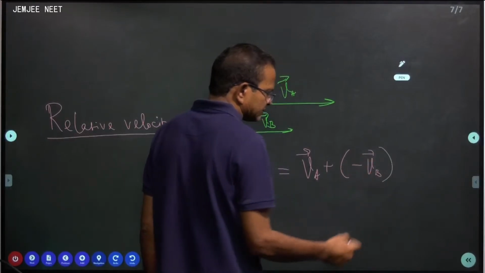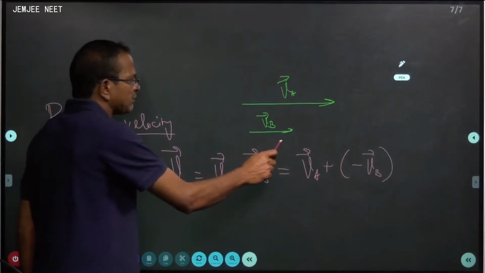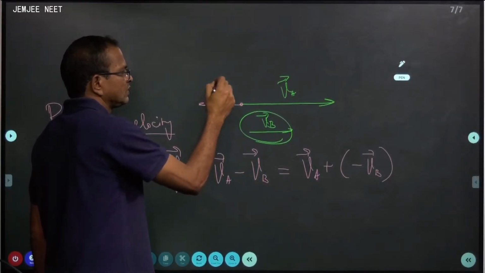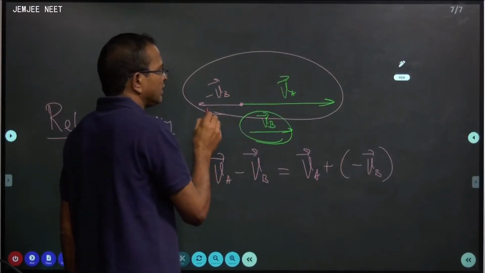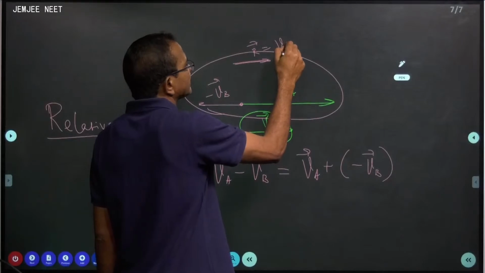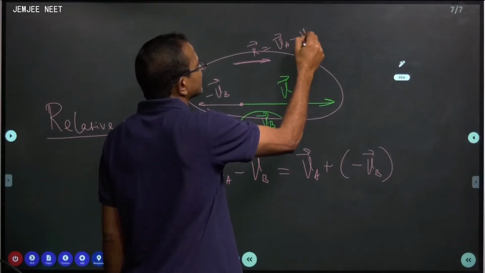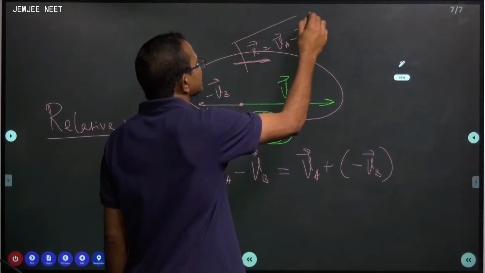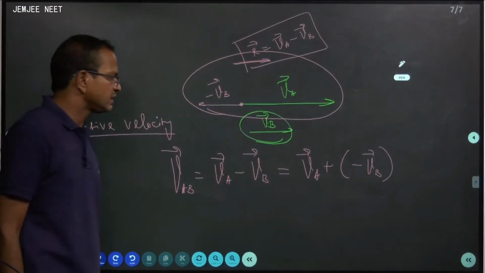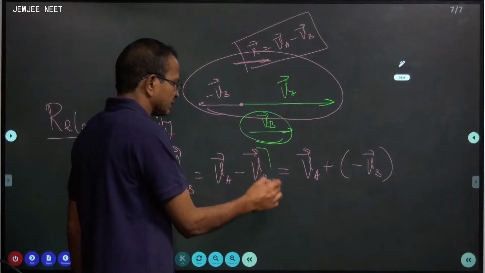So simple it is. Reverse this one, and add it. The resultant is what is called VA vector minus VB vector. Is it understood? The resultant is VA vector minus VB vector.